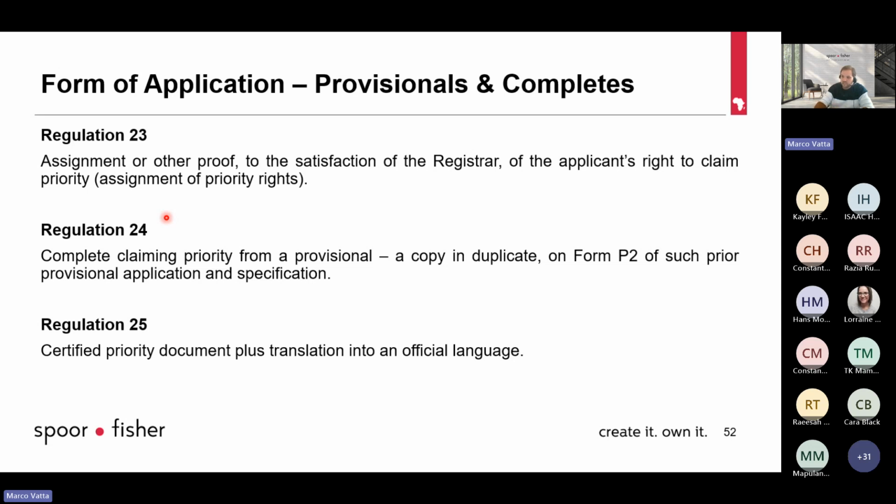This would be the instance where a priority application, for instance, was filed in China by applicant A, but in South Africa, it is a different applicant that is filing an application for patent. You need to show how the South African applicant obtained the rights and is able to claim priority from the Chinese application. So there must be an assignment of the priority rights.